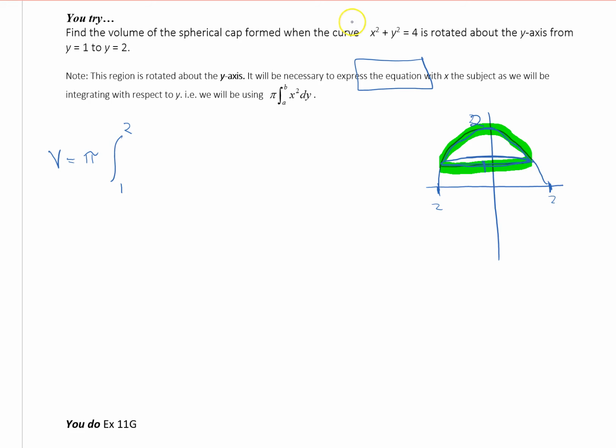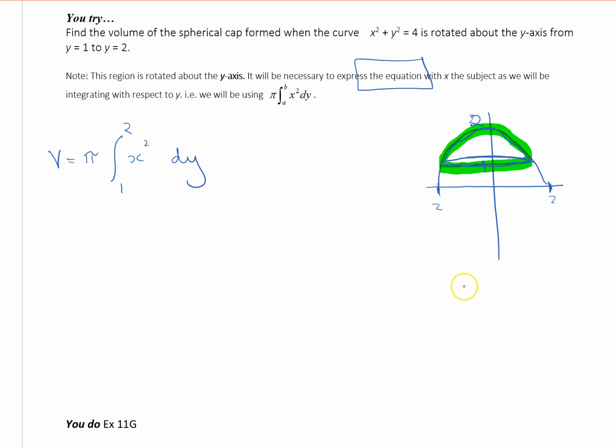However, it is made quite nice for you, because remember that the volume is pi times the integral from 1 to 2 of our function in x squared.